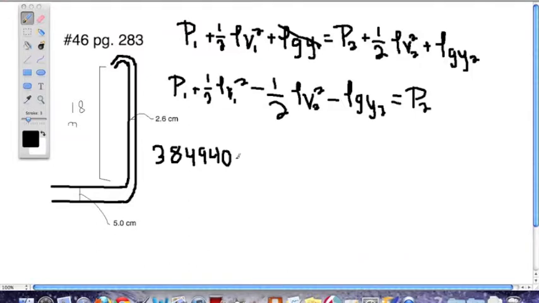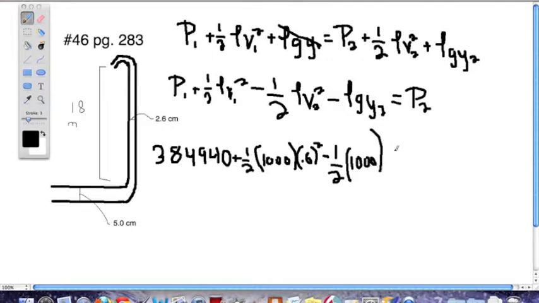So that's plus 1/2 rho, which is density, and we're using water, so that's 1,000, times velocity 1 squared, which we know is 0.6, because that was given to us in the problem, minus 1/2 rho v2 squared.